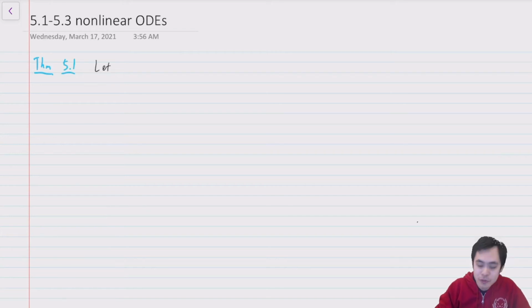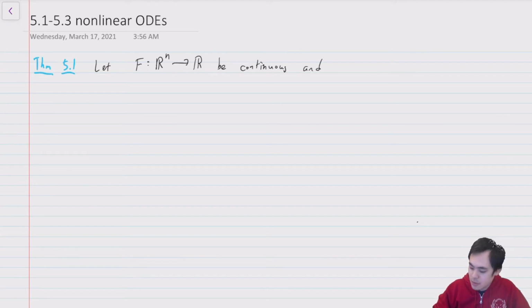So if we have some function f from R^n to R that is continuous and has continuous partial derivatives, so this is a continuous function and has continuous partial derivatives.